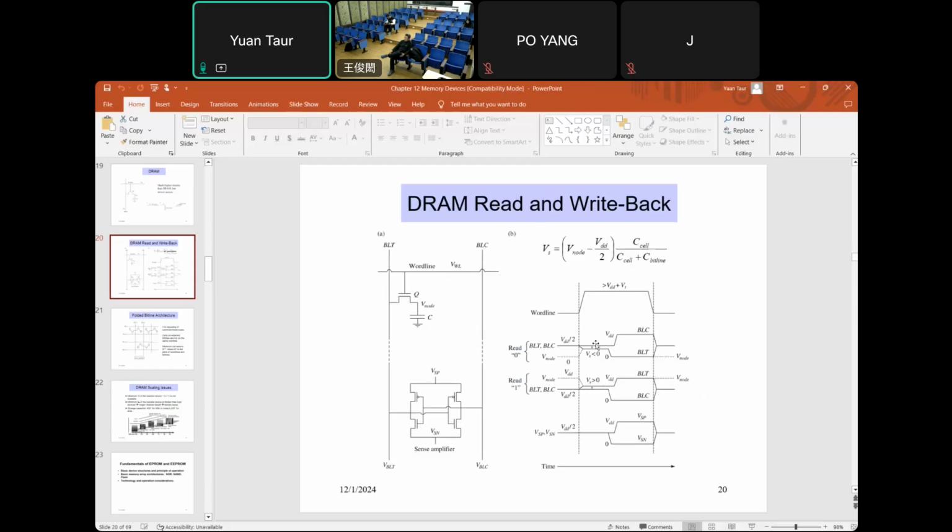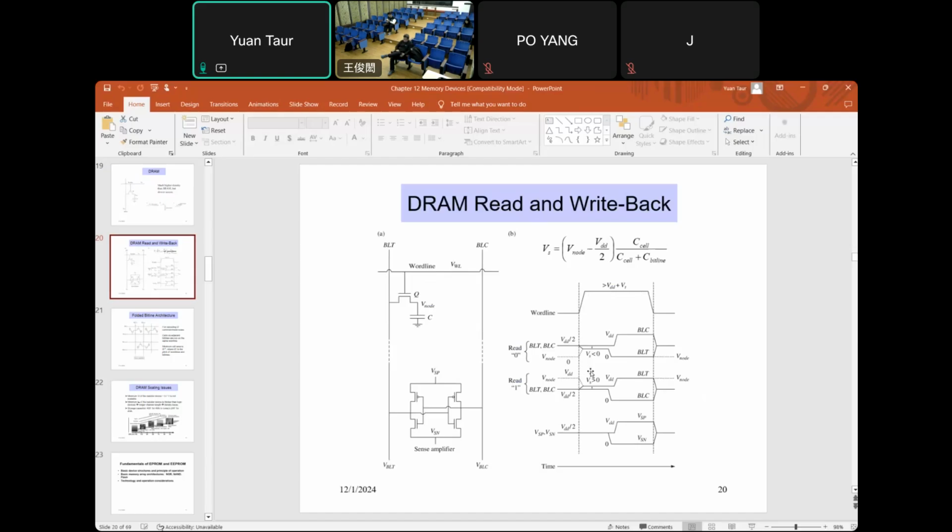Okay? So we can sense that if BLC is higher than BLT, then it's 0. If BLT is higher than BLC, then it's 1. That's stored here. Okay. So this is the read part.